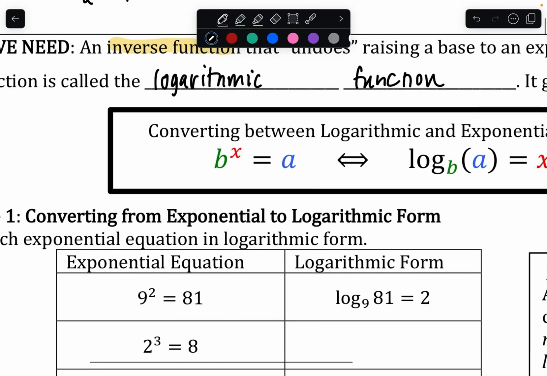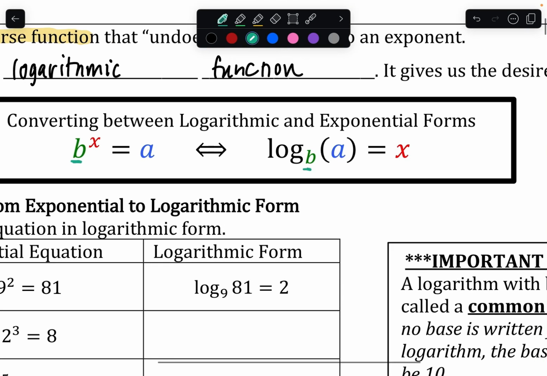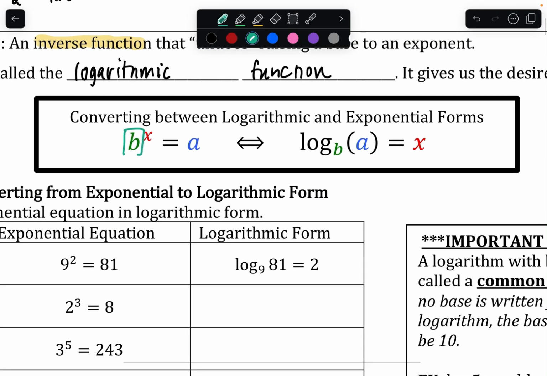So for example, if I have a base of b raised to the x power equals some answer a, the logarithmic form would have the same base, but it would take the output and give you the input, which in this case is the exponent. Okay, and so to convert between the forms, the two things you want to keep in mind is that your base for your exponent is the base for your logarithmic function.